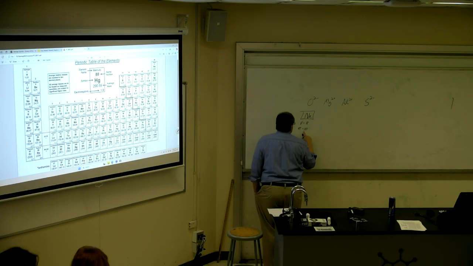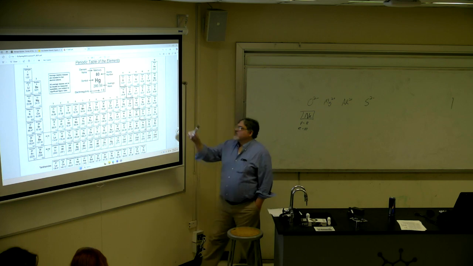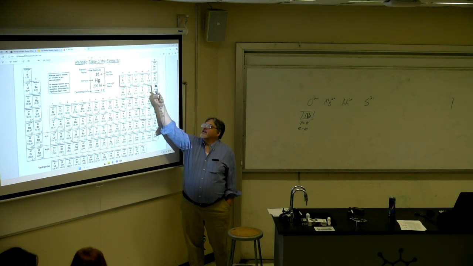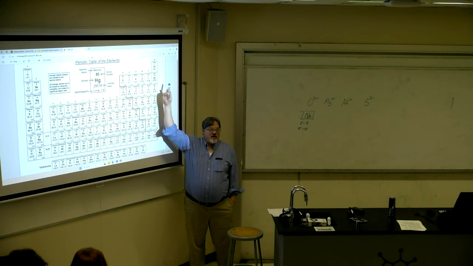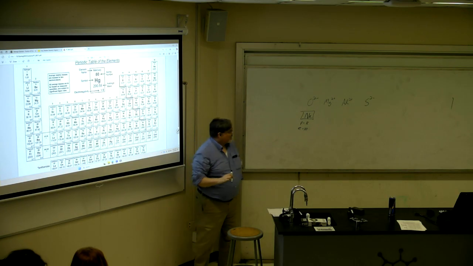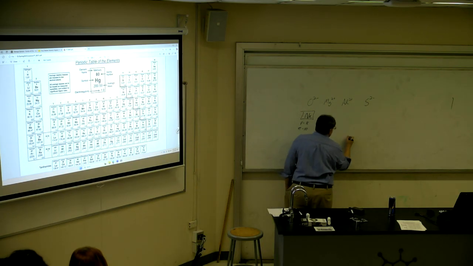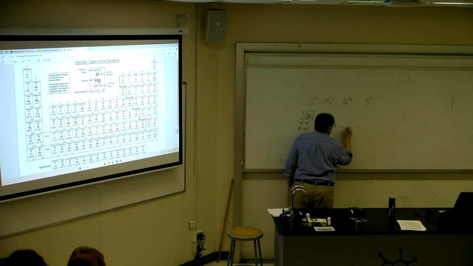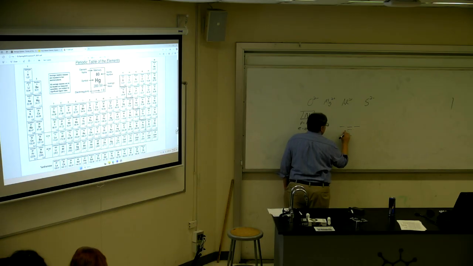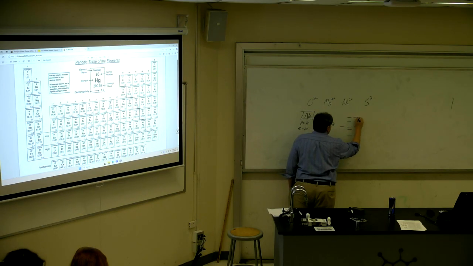It gains 2 electrons, so it's 10, because it's 2 negative. It's gained 2 extra electrons. It gains those 2 electrons, and it now has the same electron configuration as neon.